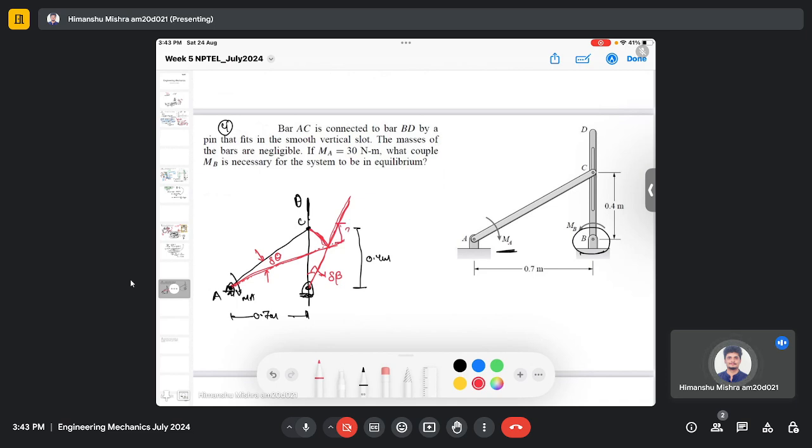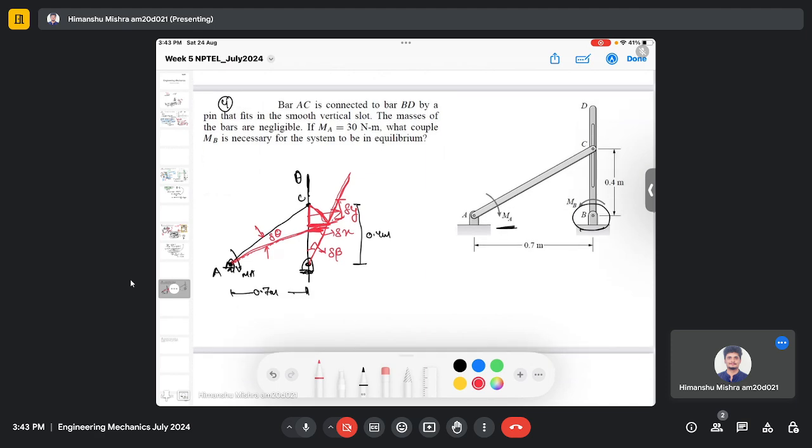Let's say this is my del y, and this is my del x, and this is my del y, right? And you need to find this virtual displacement here.